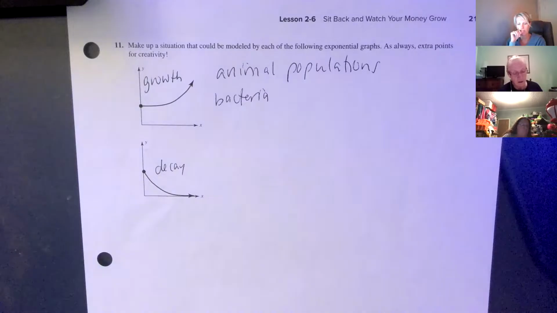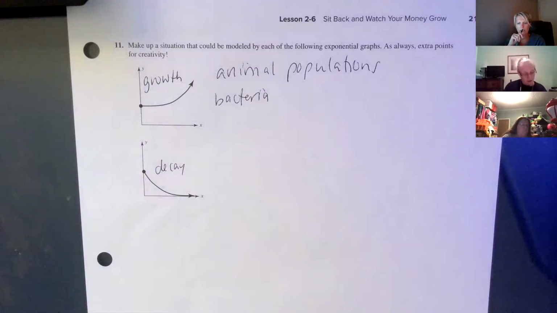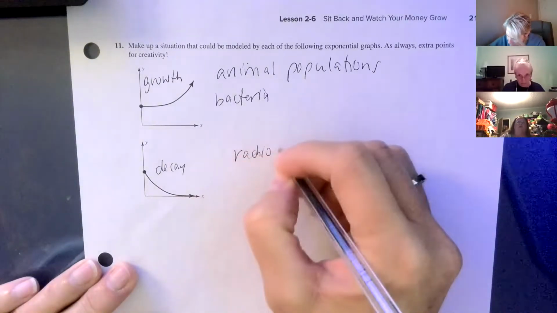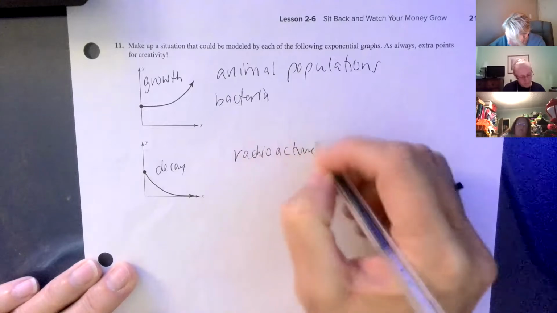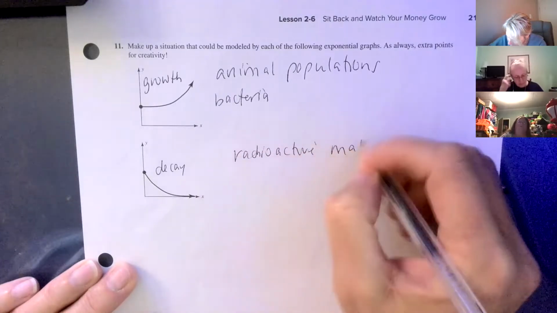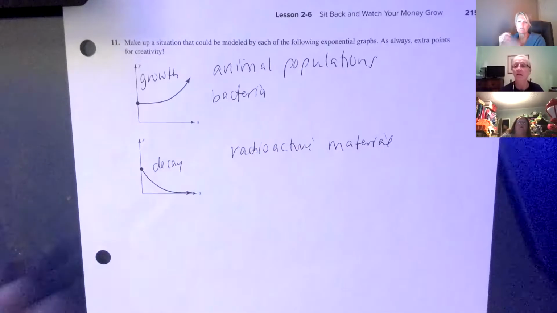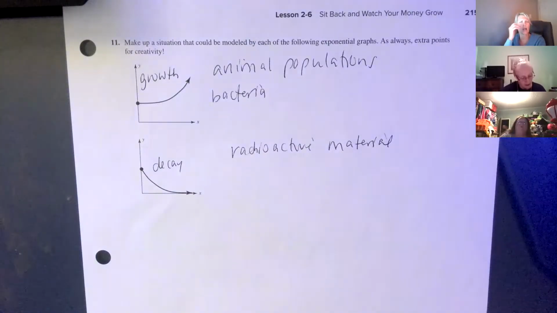That could be radioactive. Yeah, radioactive material decays quickly. It says decays exponentially on the other page. If you've ever had an MRI, I think, they inject you with radioactive dye, because that's how they track what's going through your system.